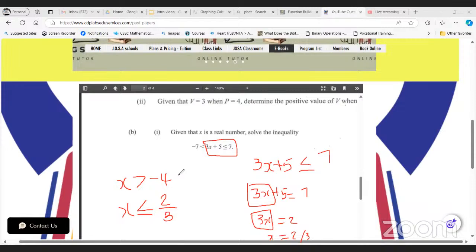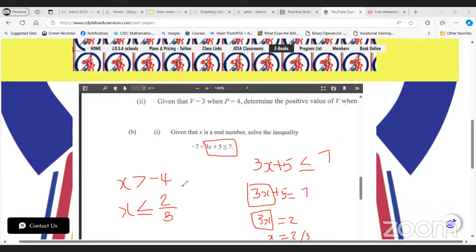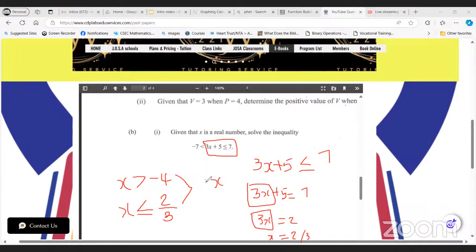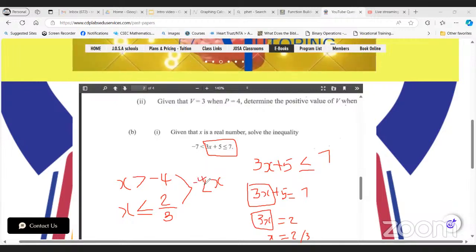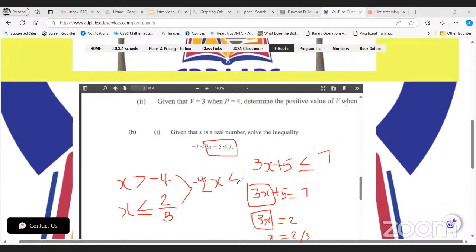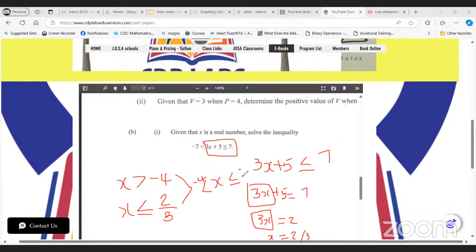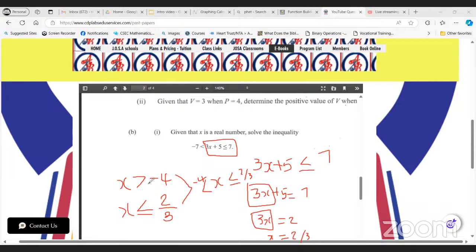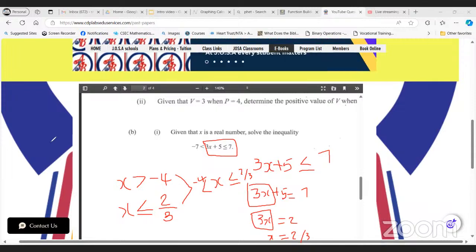And then you can rewrite this now as x is greater than -4, less than or equal to 2/3. And I'm going to write it properly. A little bit jumbled, I believe.